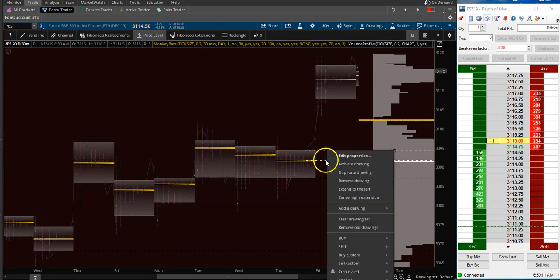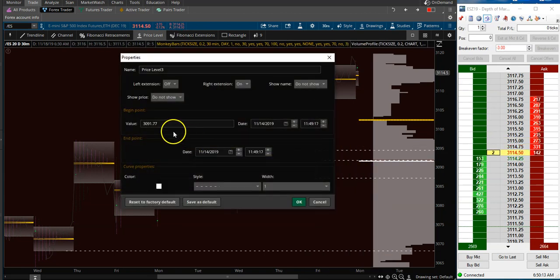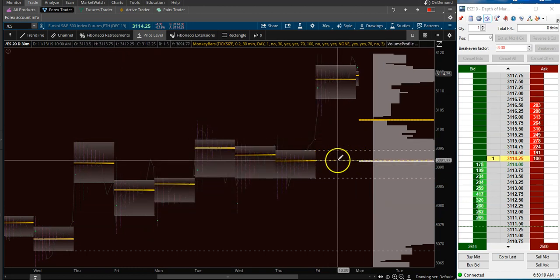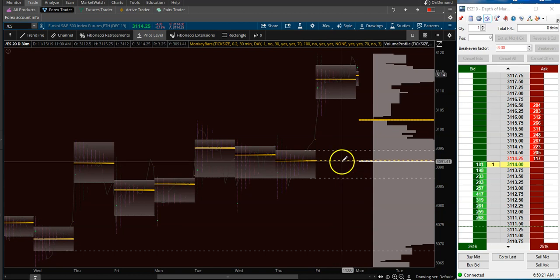Okay, and what I'll do is I'll right click, edit, and then go to yellow. So I know the yellow dotted lines are the point of controls.